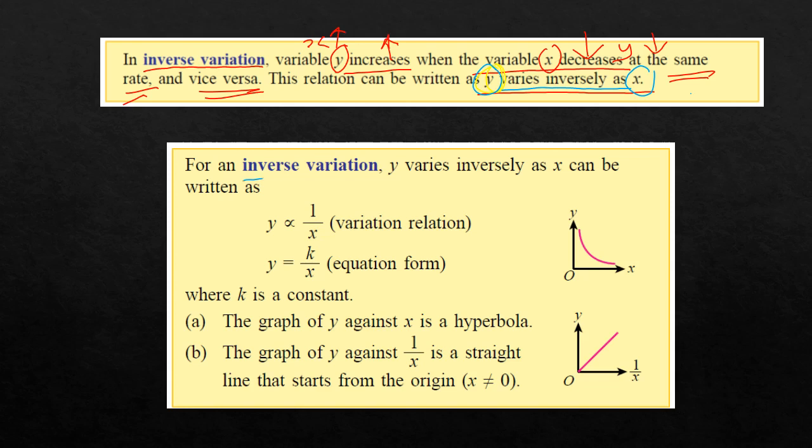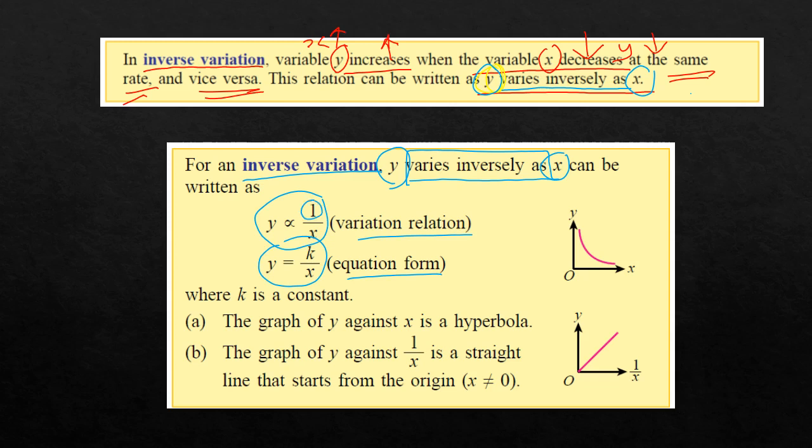Okay class, for inverse variation, y varies inversely as x can be written like this. This is a variation relation, and if it is in equation form, it will be like this. You just times with k. So k will be here.